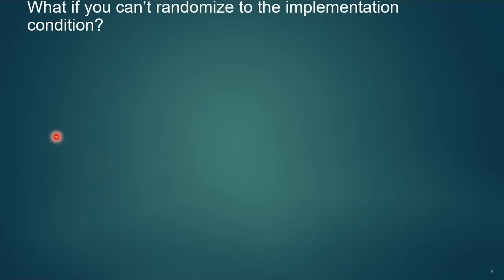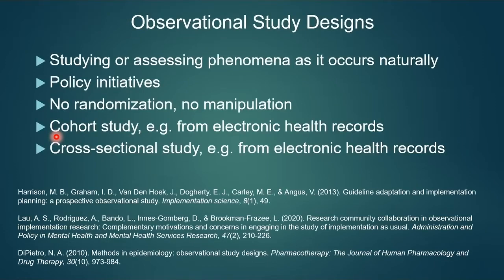Now we're going to talk about designs in implementation science when we can't randomize the implementation condition. So, of course, the first set of designs would be something you may have learned in epidemiology if you've taken epi courses. They're observational study designs.